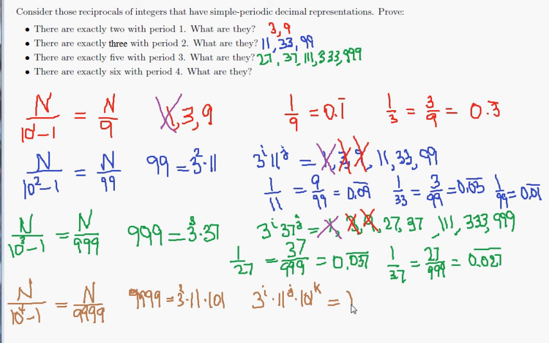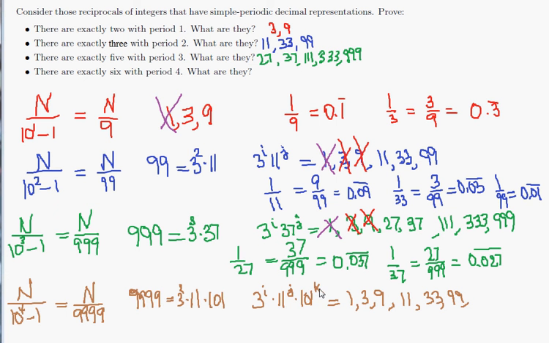So listing out the possibilities, we get 1, 3, 9 if both j and k are equal to 0. If j equals 1 and k equals 0, then we would get 11, 33, and 99.